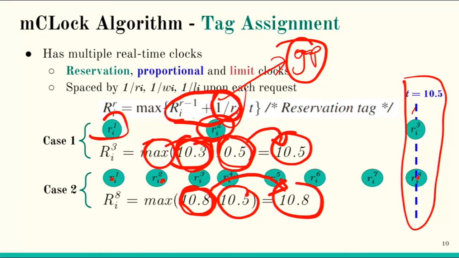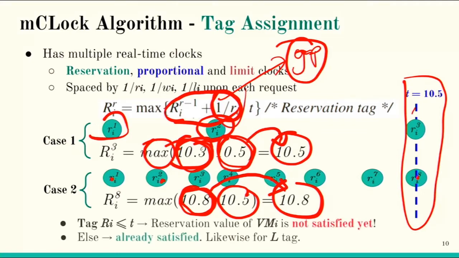What can we conclude from these two cases? If the tag Ri is lower than or equal to t, it means that the reservation value of VM i is not satisfied yet. In this case, the reservation, the lower bound of the VM, is not satisfied yet.